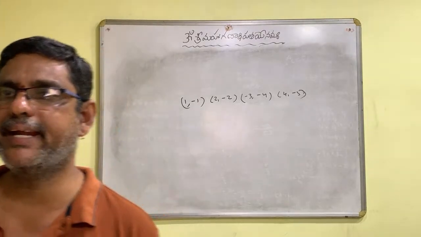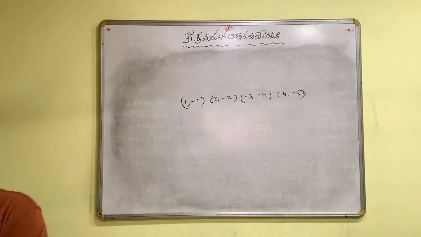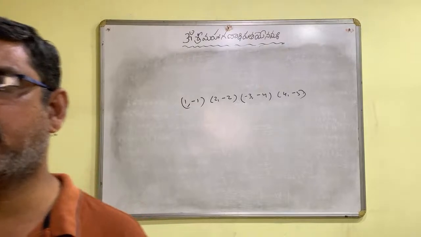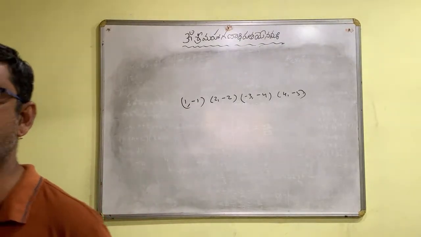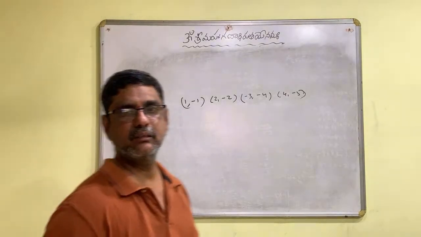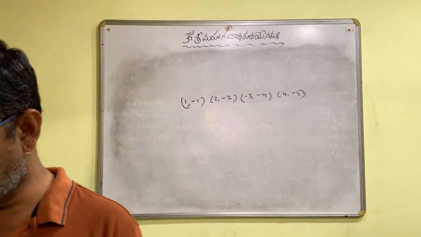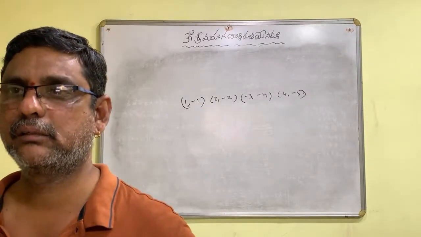Now, question number 8, children. 0 comma -8 lies in which quadrant? Second quadrant, fourth quadrant, on x-axis, or on y-axis?